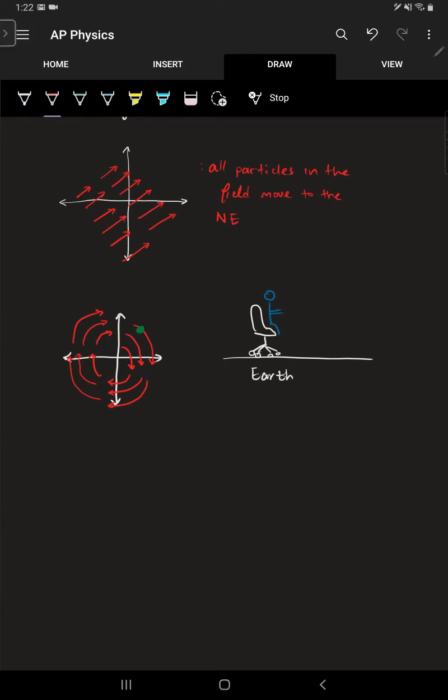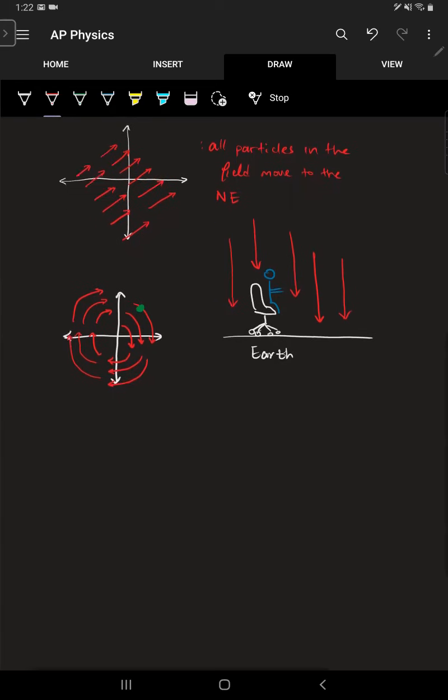Well, anytime you're on planet Earth, there is a vector field that points down. All right. This vector field is an accelerational vector field. And you might be able to guess what this acceleration is. The acceleration due to the vector field is equal to g, the force of gravity.